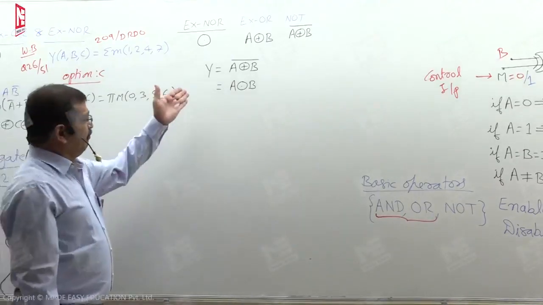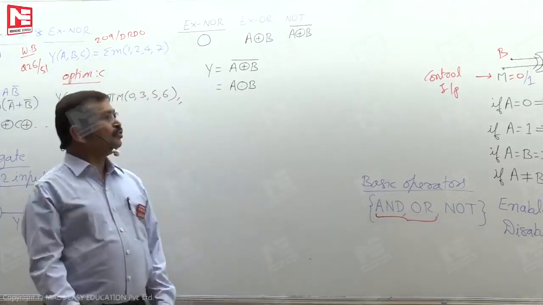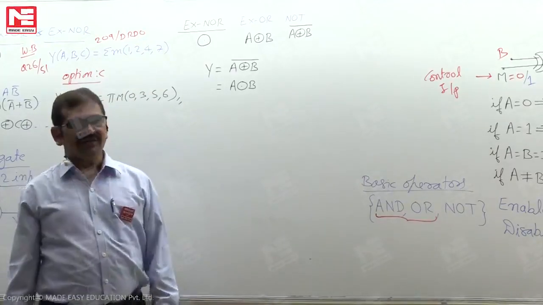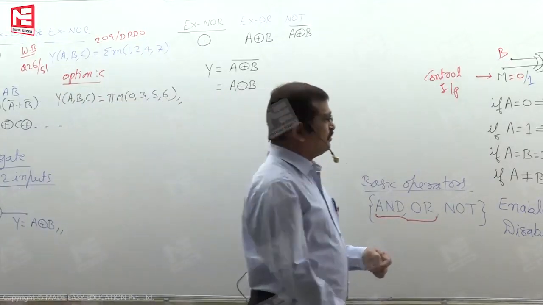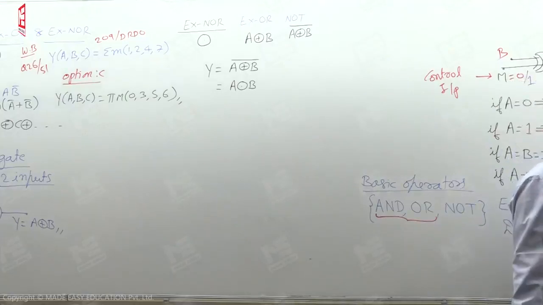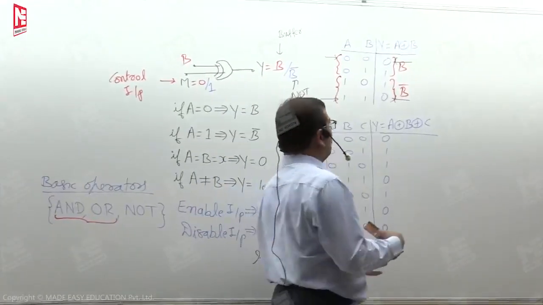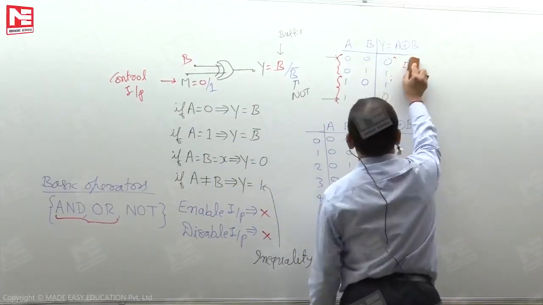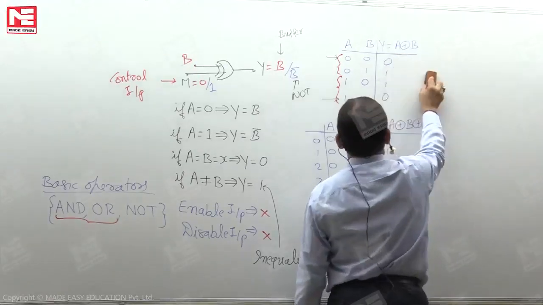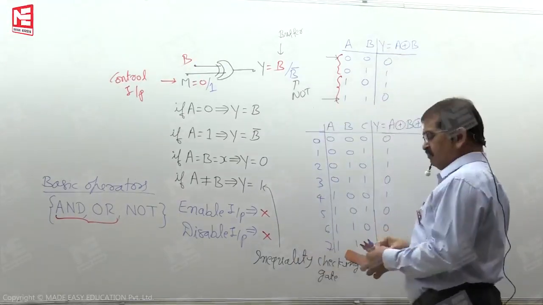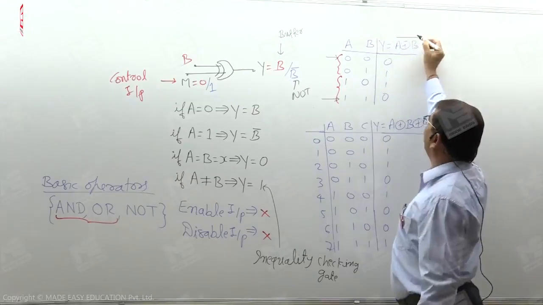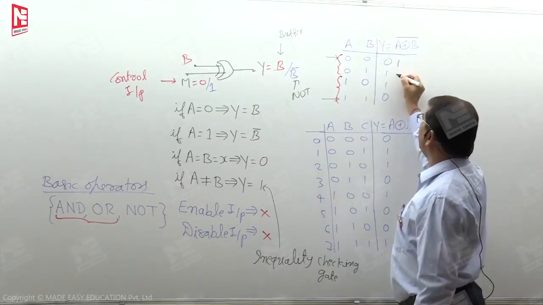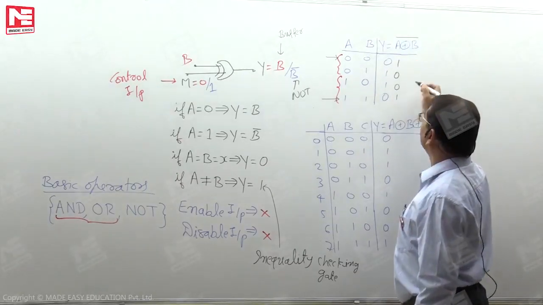While looking at the exclusive NOR result on two variables, it is possible to speak with the known truth table of exclusive OR. It must be the complement of XOR. Once we are speaking complement of XOR, it is a truth table.